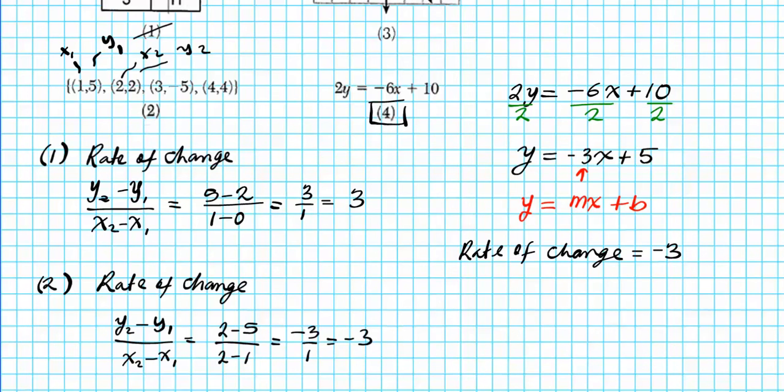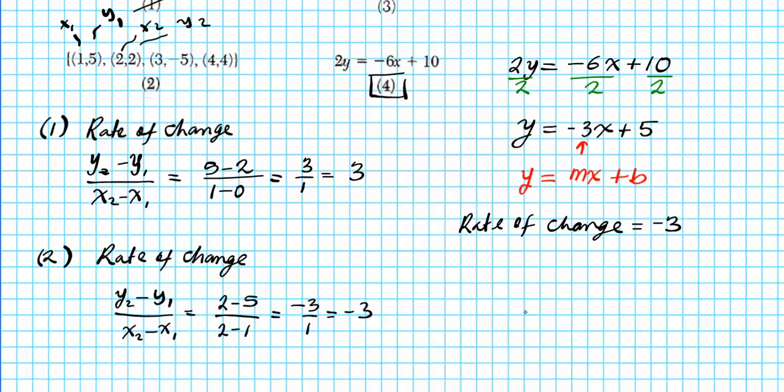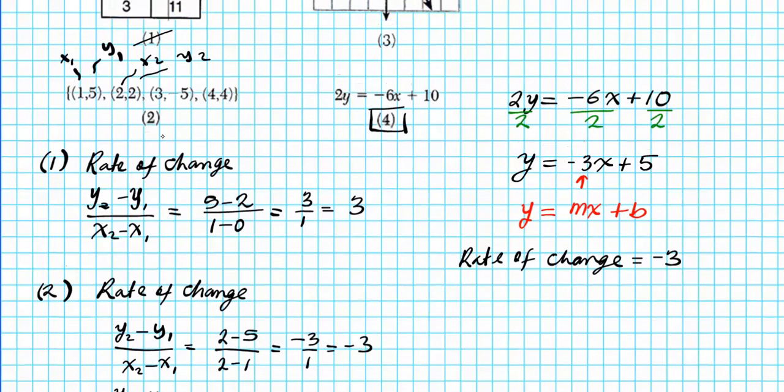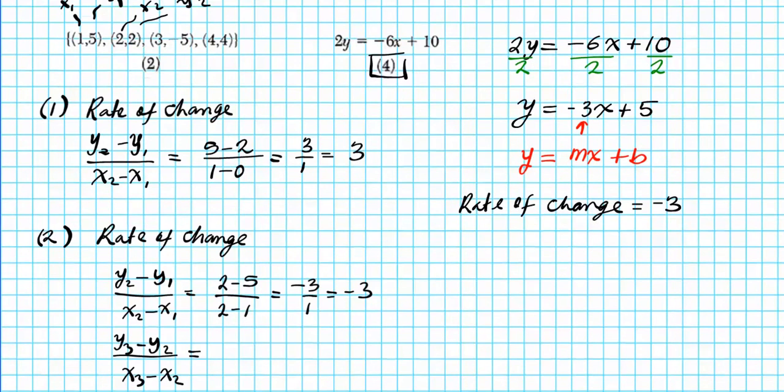All right, so we're now going to do y3 minus y2 divided by x3 minus x2. Now, if you closely study option 2, it doesn't even look like it's going to be a straight line because you have 5, 2 is decreasing to negative 5 and then increases to 4. That's not even a straight line. Anyway, let's go ahead and compute the slope.